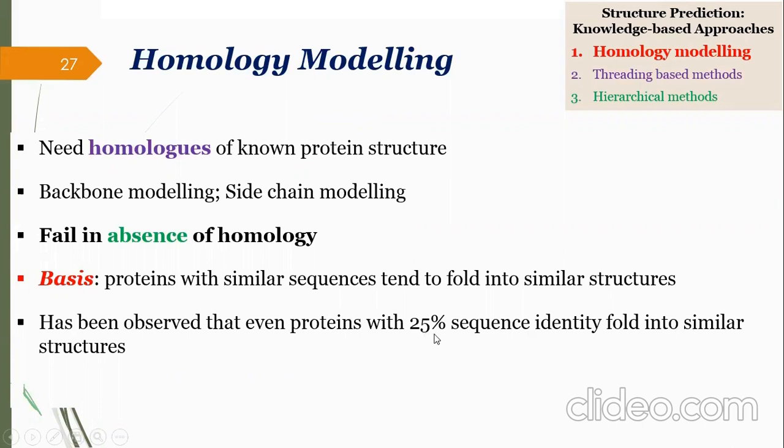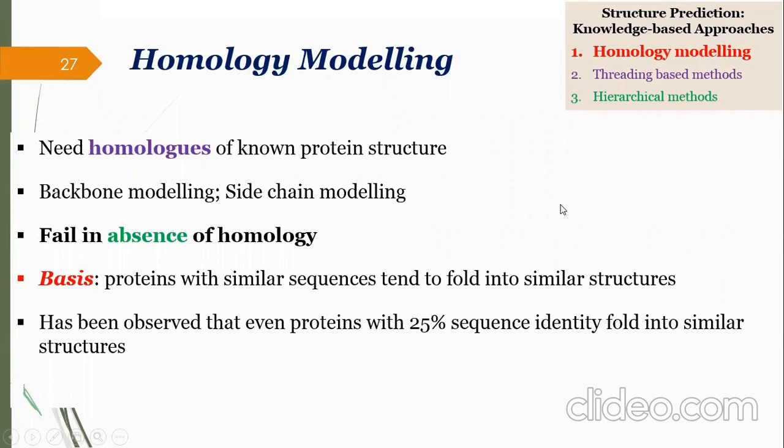If two sequences have only 25% sequence identity, the two proteins tend to fold into similar structures. That means we call two sequences homologous if they share at least 25% sequence identity. For less than 25% sequence identity, don't go for homology modeling.